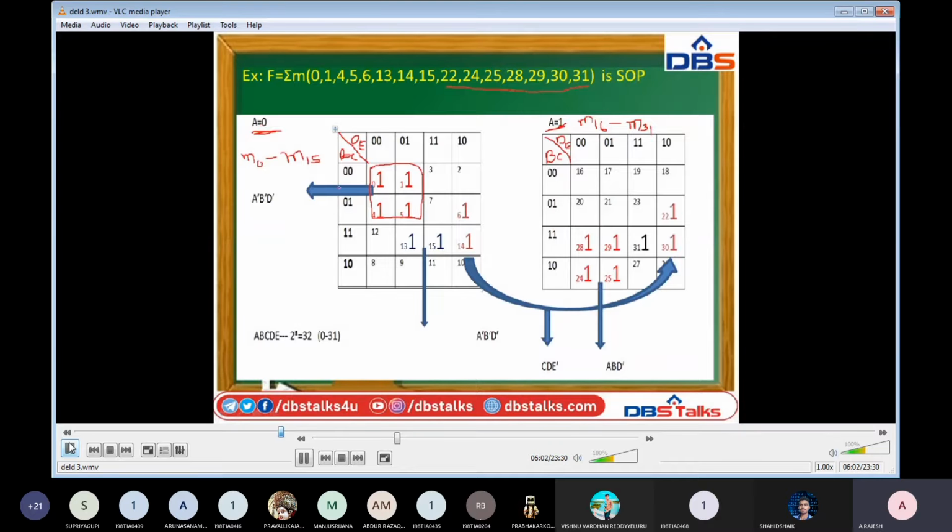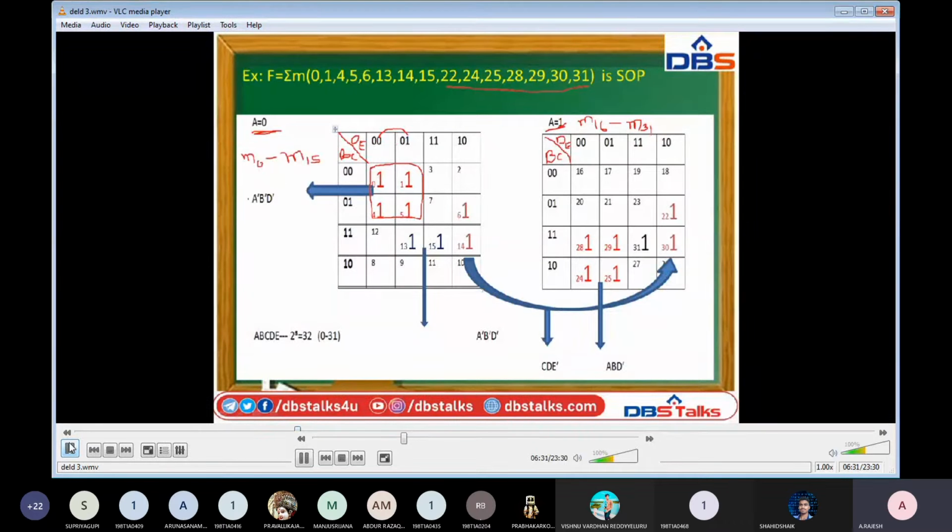Coming to these two rows, B is not varying and C is varying from 0 to 1, so C will be neglected. That means B complement. In these columns, D is the same and E is varying, so E is eliminated.